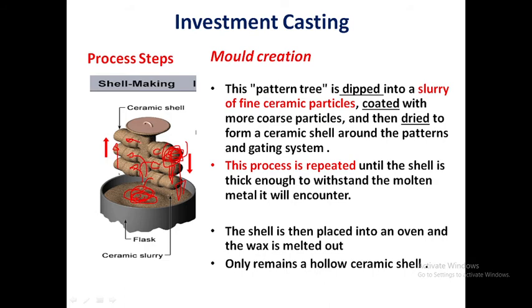Because after dipping into the ceramic slurry, sufficient thickness is formed on the wax. Due to the oven, the wax melts and comes out of the tree, so only the hollow ceramic shell remains.